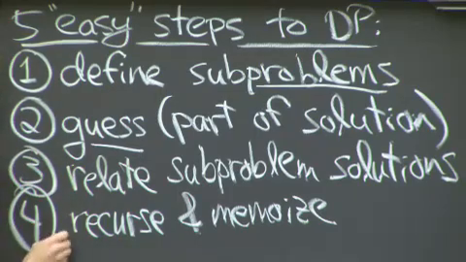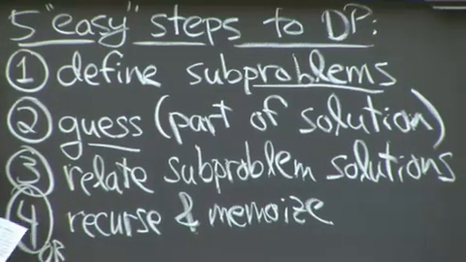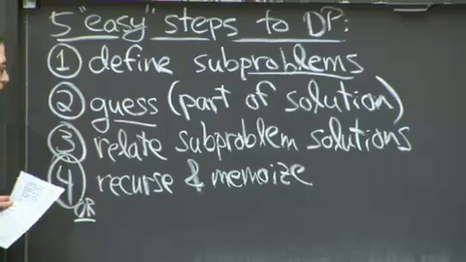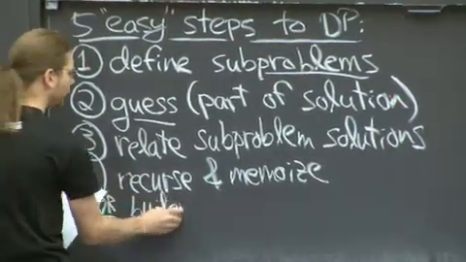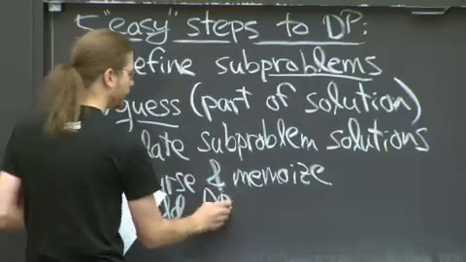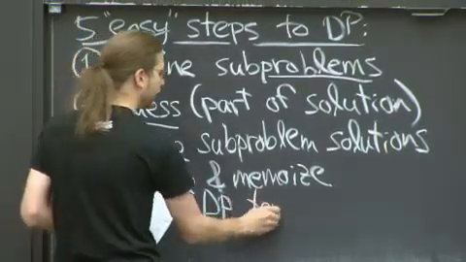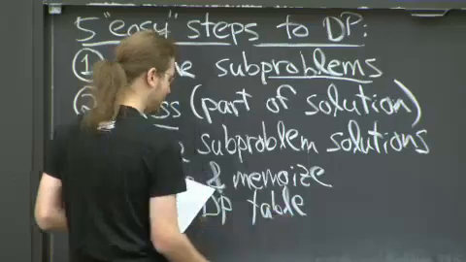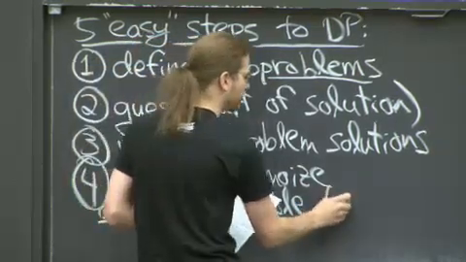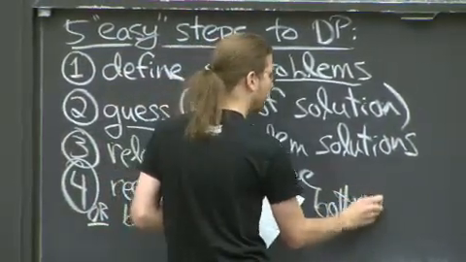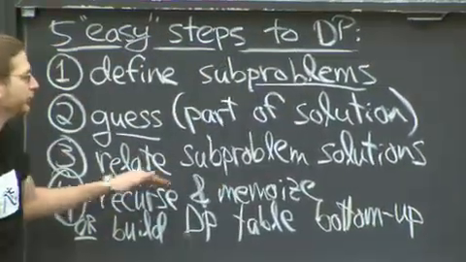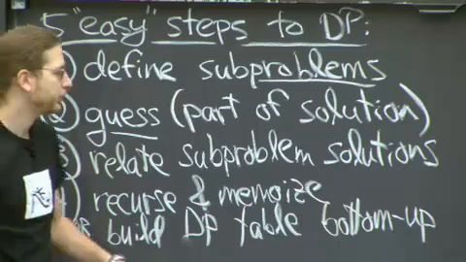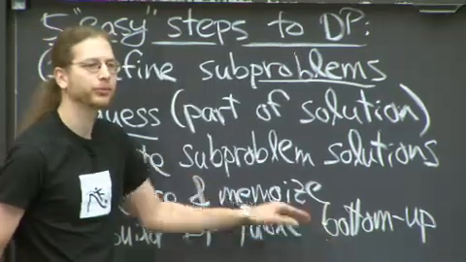We saw 2 ways to do that last time. One was to use recursion and memoization, which is the way I like to think about it. But if you prefer, you can follow the bottom-up approach, and usually that's called building a table. That was basically to turn our recursion and memoization, which is kind of fancy, into a bunch of for loops, which is pretty simple.